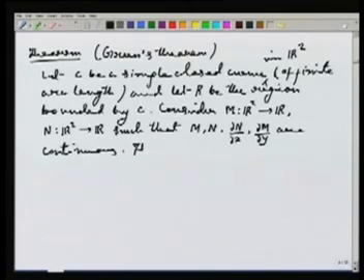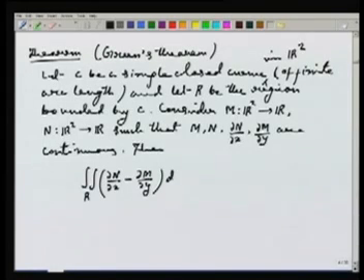Then the following is true: the double integral over R of del N del x minus del M del y, look at the double integral dx dy. So this is a double integral.